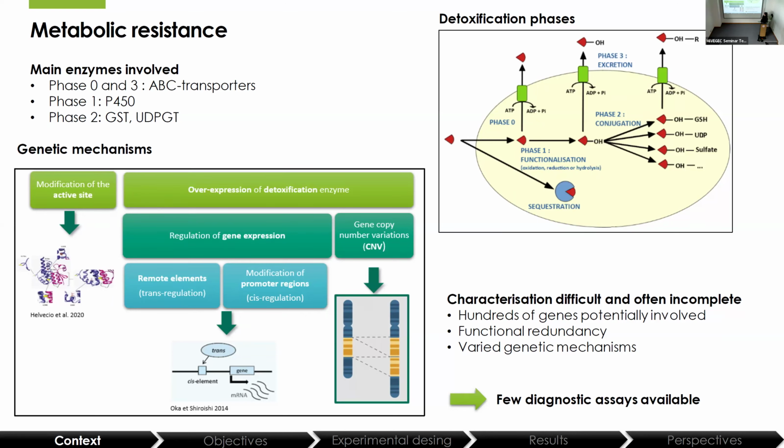And if it's not sufficient, it is conjugated with a hydrophilic component to be excreted later. So the main enzymes involved during phase 0 and during excretion are ABC transporters. During phase 1, the main enzymes are P450s, and during phase 2, the main enzymes involved are GSTs and UDP-GTs.